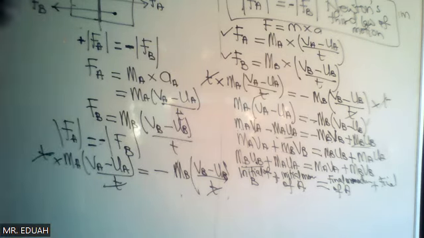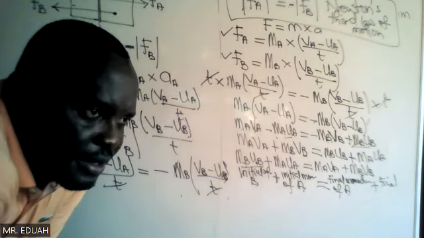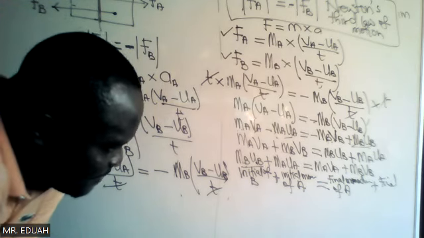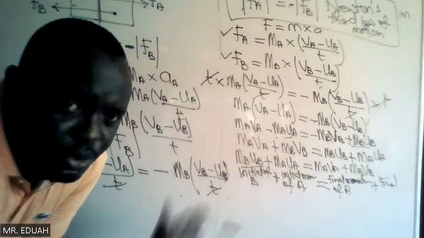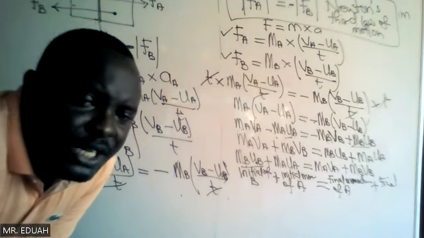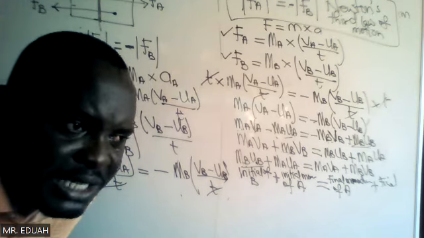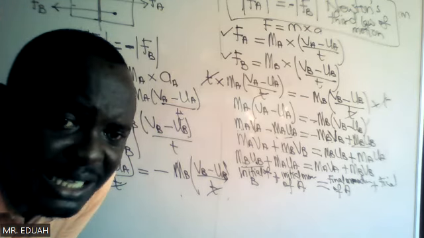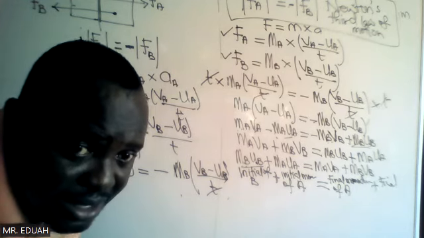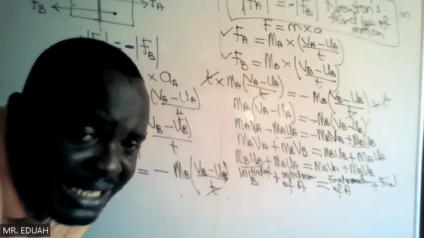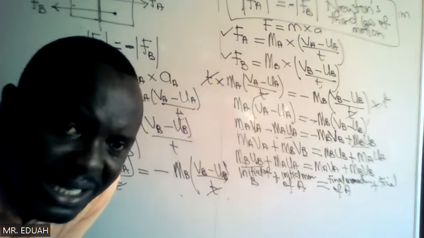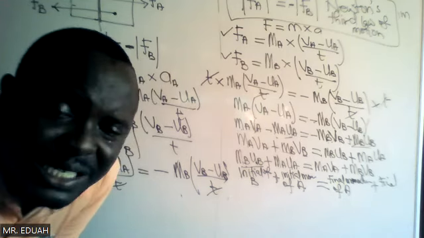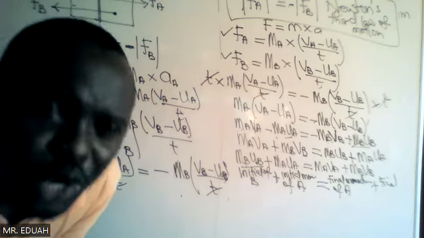The law of conservation of linear momentum states that in the absence of any external force acting on a system of colliding bodies, the sum of momentum before collision is equal to the sum of momentum after collision.